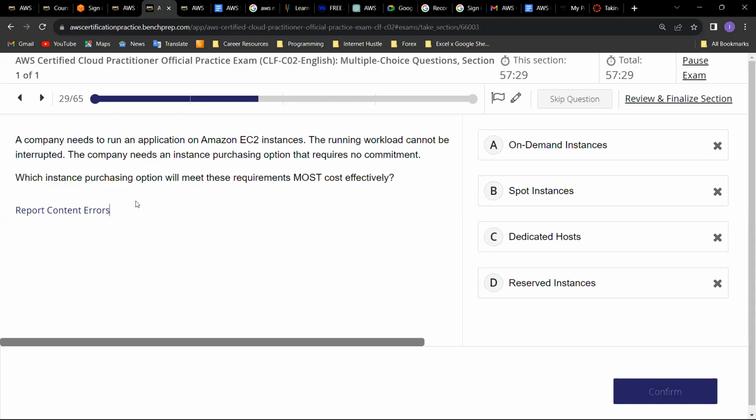A company needs to run an application on Amazon EC2 instances. The running workload cannot be interrupted. The company needs an instance purchasing option that requires no commitment. Which instance option will meet these requirements most cost effectively?